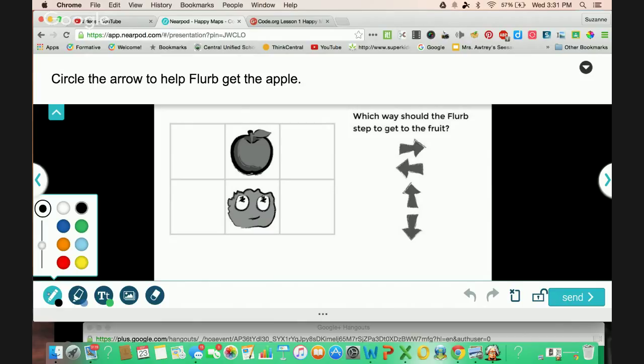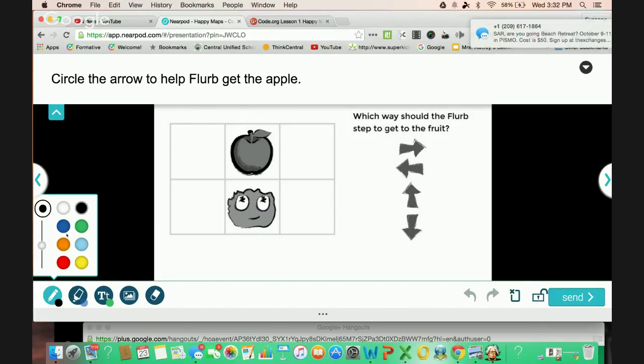So boys and girls, here are examples of the happy maps. And when you get to your tablet, you're going to do this independently, and instead of moving the arrow, you are going to circle the arrow that gets Flurb to his fruit. In this case, you see that Flurb is under the apple.